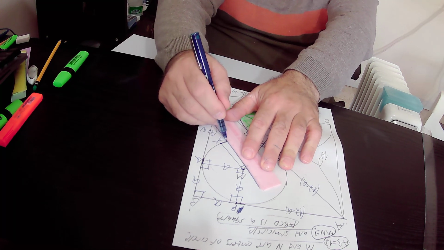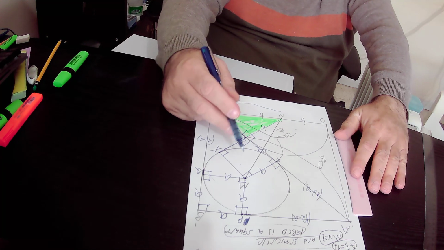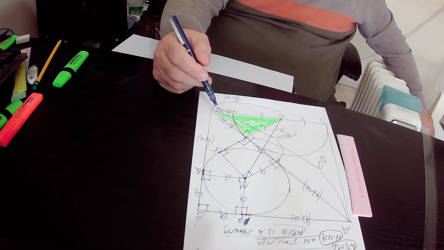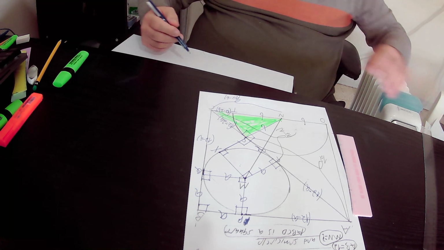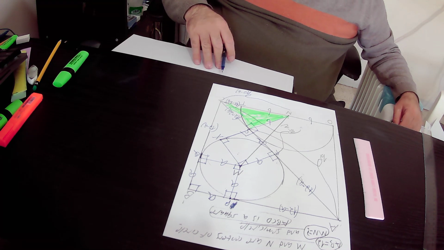So we found out that all the angles inside quadrilateral RMSX are right angles. And whenever we have a quadrilateral with four right angles, it must be at least a rectangle.